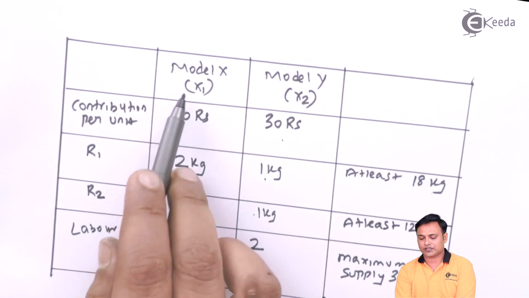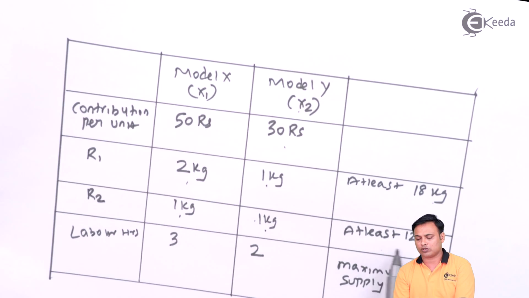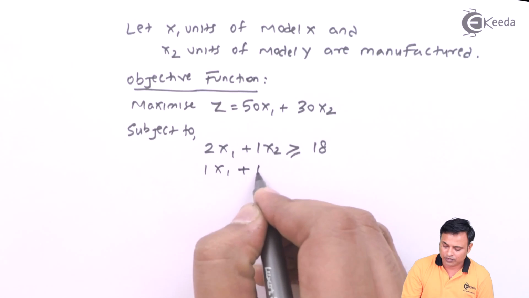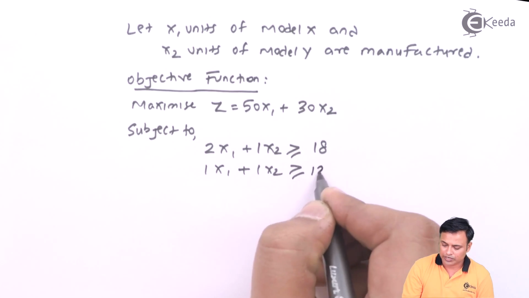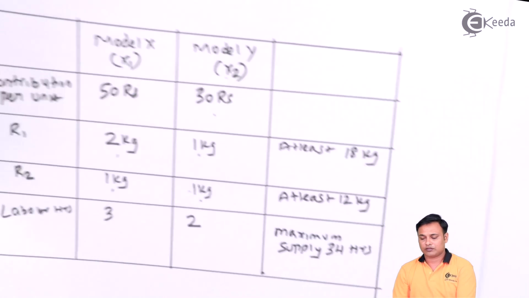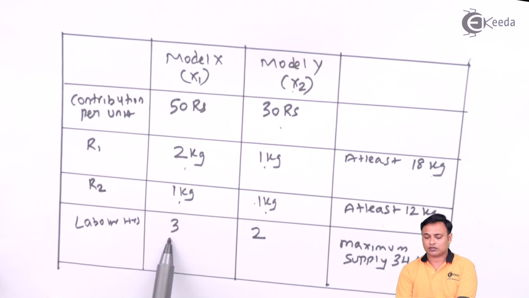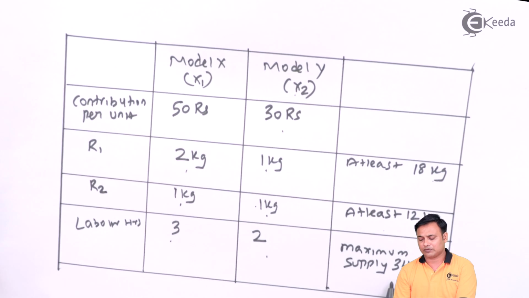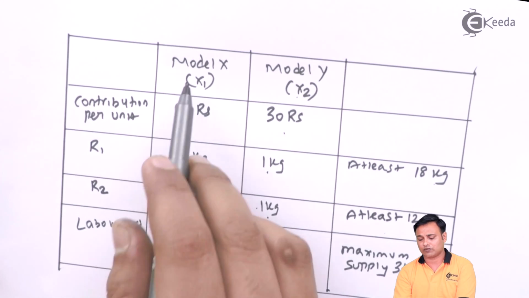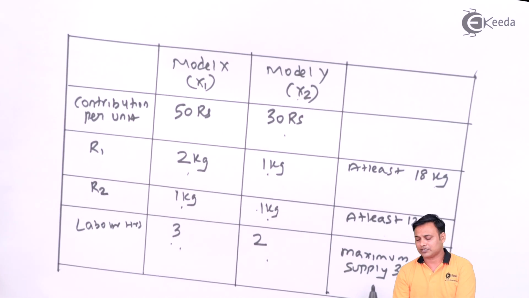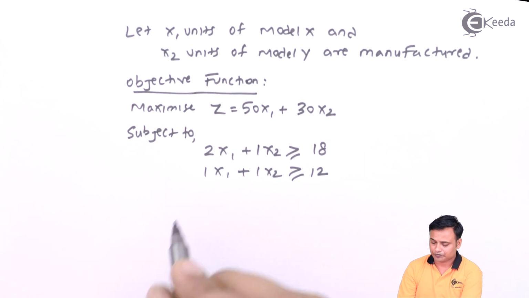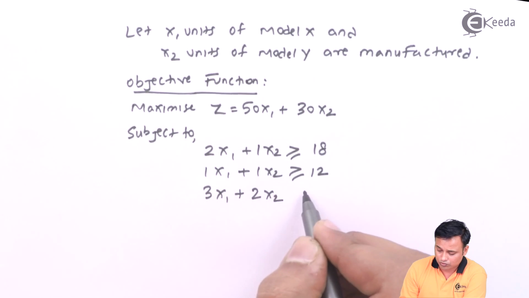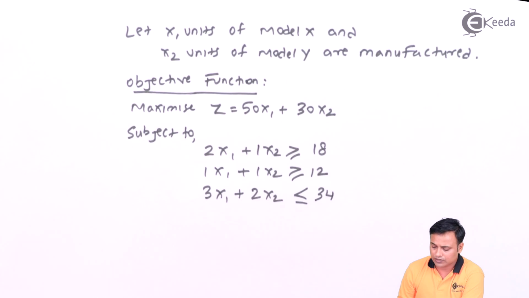And it will be 1x1 plus 1x2 more than or equal to 12 kg. Then we have the labor hour constraint: 3x1 plus 2x2, at most the maximum supply of 34 hours, so it will be 3x1 plus 2x2 less than or equal to 34 hours.